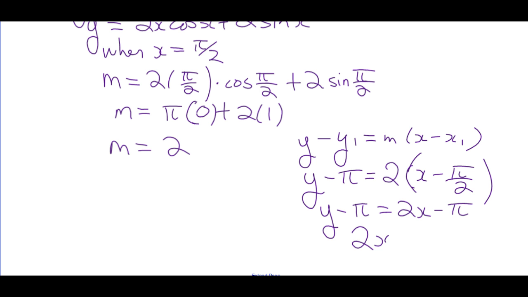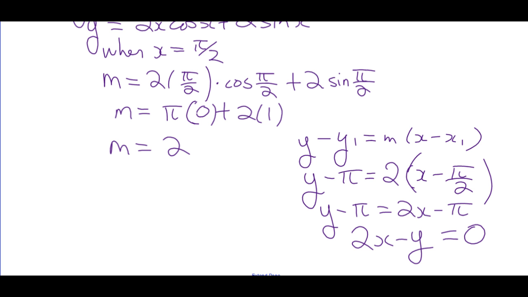So I've got to move the y minus pi over. It'd be 2x minus y, and then I'm going to add pi to both sides, so minus pi plus pi. 2x minus y equals 0, or y equals 2x if you like slope-intercept. Hey, it's y equals 2x.